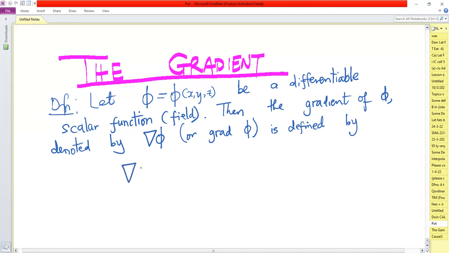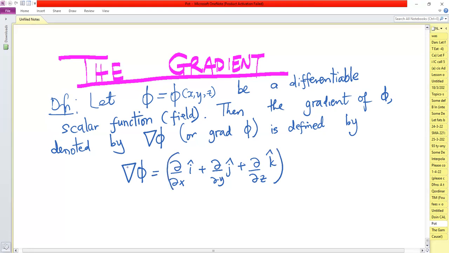gradient of phi equals to partial x, partial y, partial z, actually the definition of the del operator.